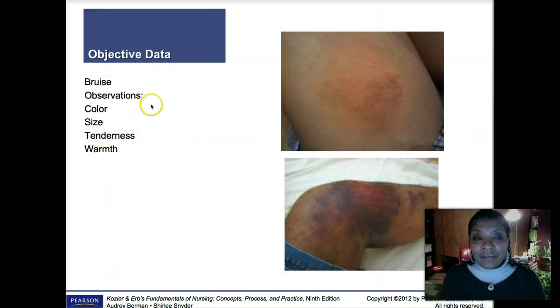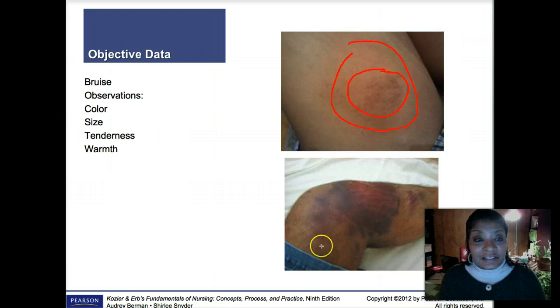So we have here a bruise. And again, a bruise is measurable. We can measure the size of the bruise. That's an older bruise here. It's lighter, but we can see how wide it might be. We can look at the tenderness. Is it warm?